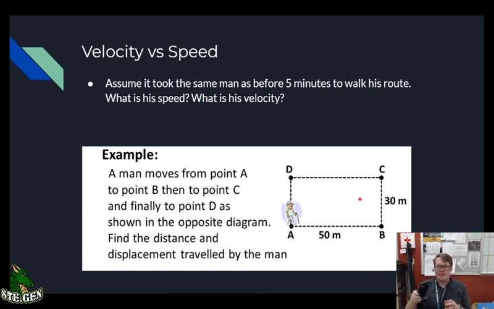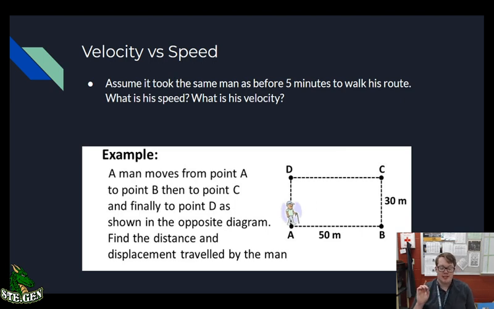We're going to put this into seconds, because meters per second is the most common unit we're going to use. So we go 130 divided by 5 minutes times 60 seconds per minute, so that's divided by 300 seconds. It looks like we're going 0.43, according to my calculations here.